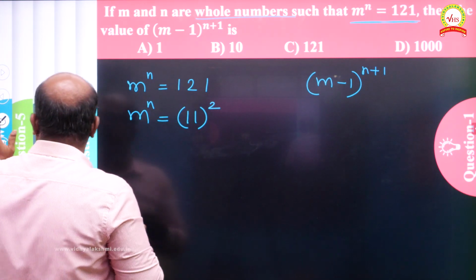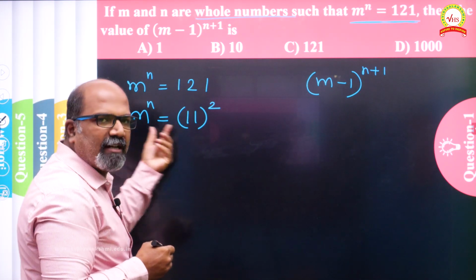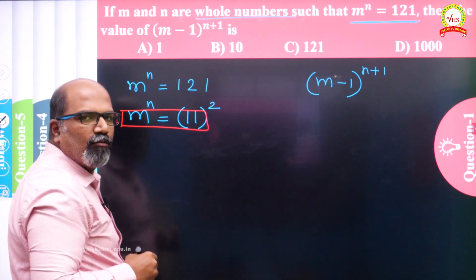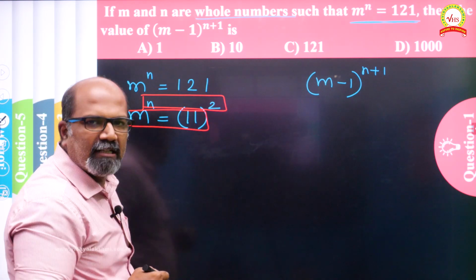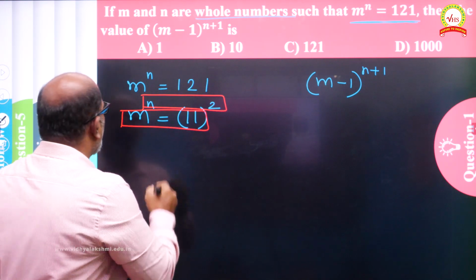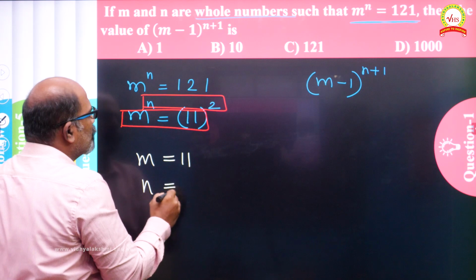Because these two exponents are equated, we can equate the bases, so m is equal to 11, and also we can equate the exponents, so n is equal to 2. So from this we are getting m is equal to 11 and n is equal to 2.